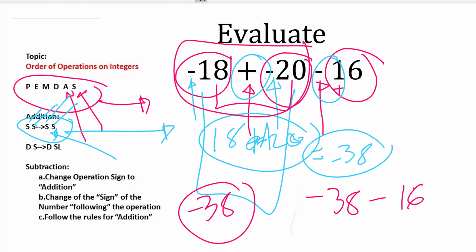Okay, minus 38 minus 16. How do we simplify that? This is understood to be plus 16, so that's a minus 16.